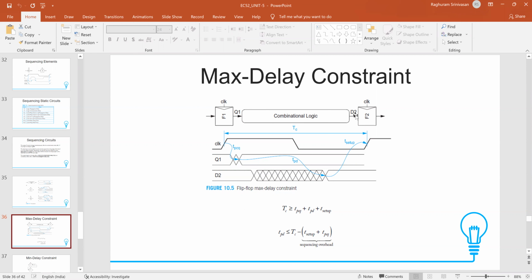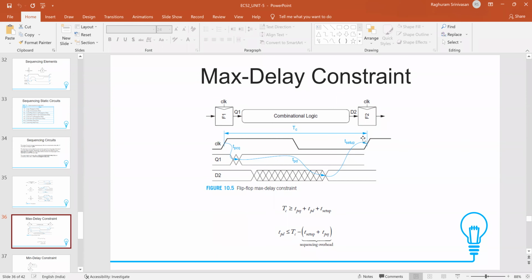So these are all the things that are happening here. First the clock goes, then there's the propagation delay from clock to Q. After that much time Q1 is available, then the combinational block has to calculate its output, the propagation delay of the combinational block, and then the output of the combinational block should be available before the next clock cycle.